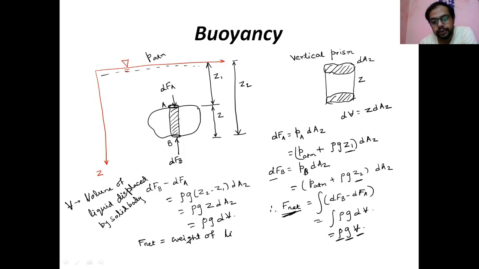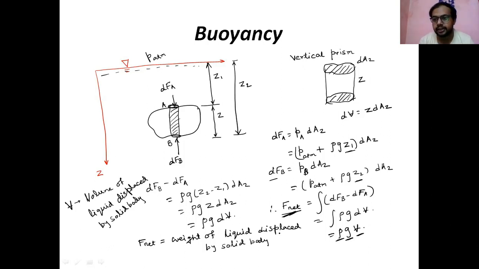So it is the weight of the liquid displaced by the solid body, which is immersed or submerged in the liquid.